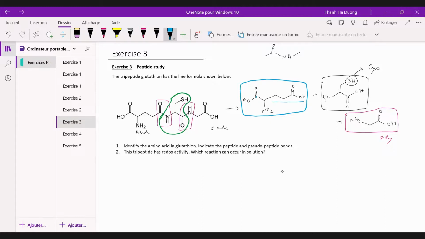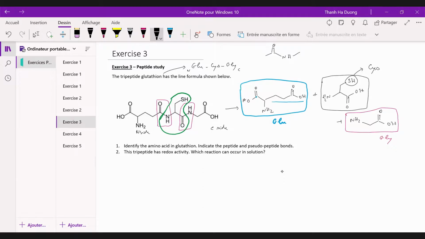Here, because this tripeptide is called glutathione, it is glutamate. So if we give the composition of glutathione, it will be Glu, Cys, and Gly. The N side here, the C side here.